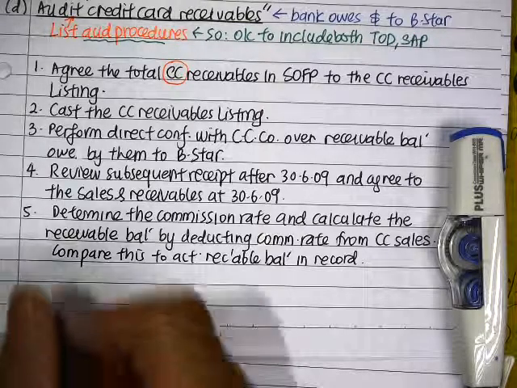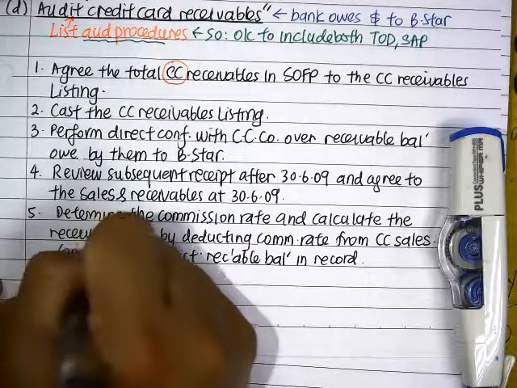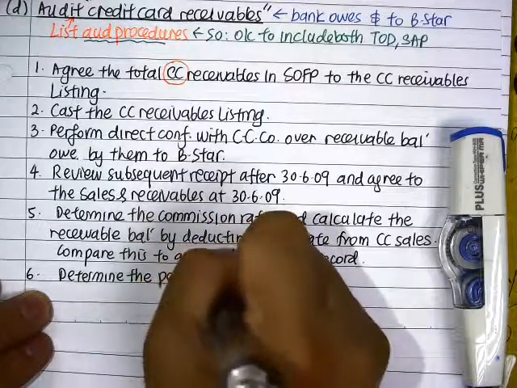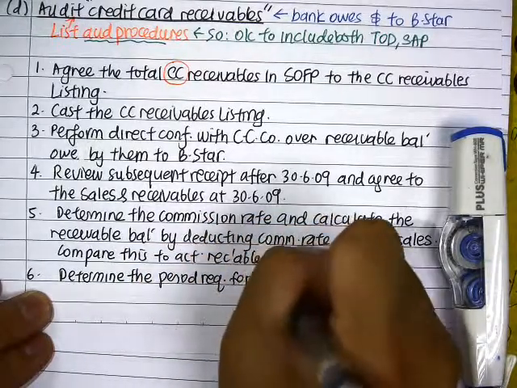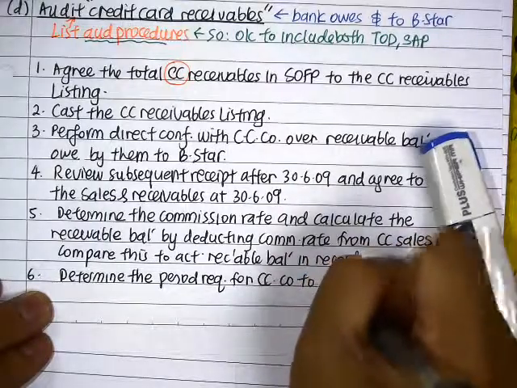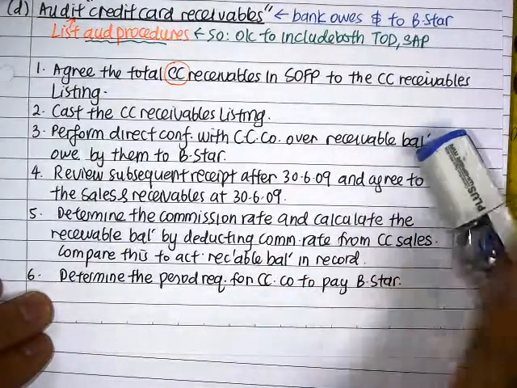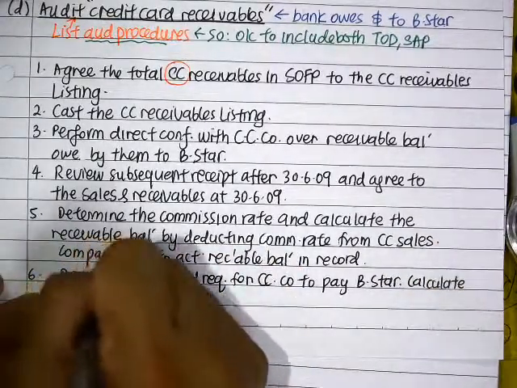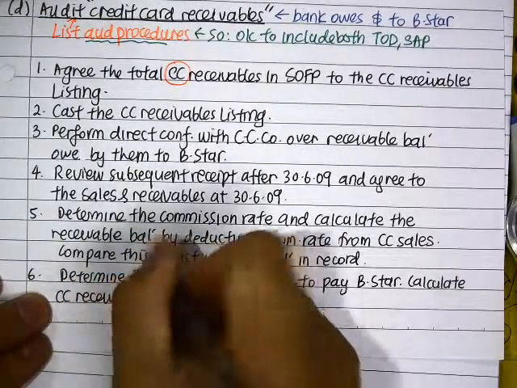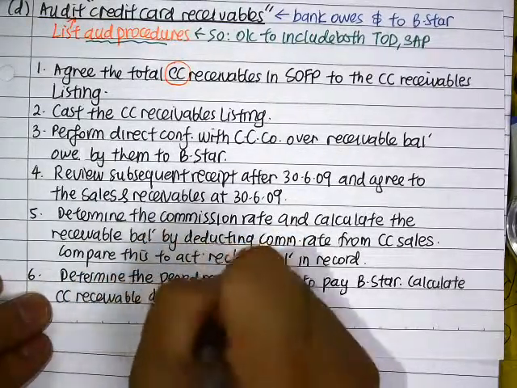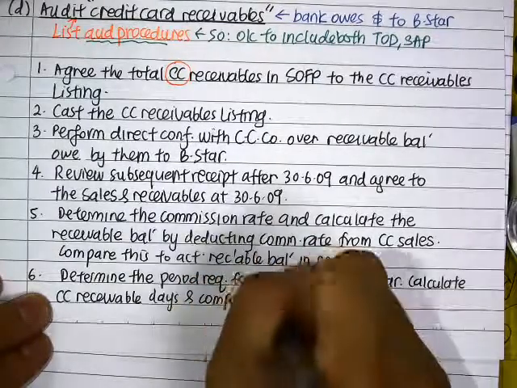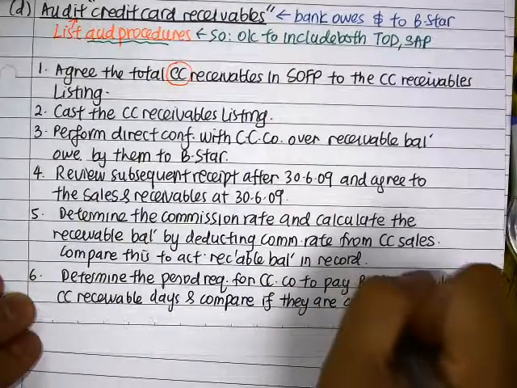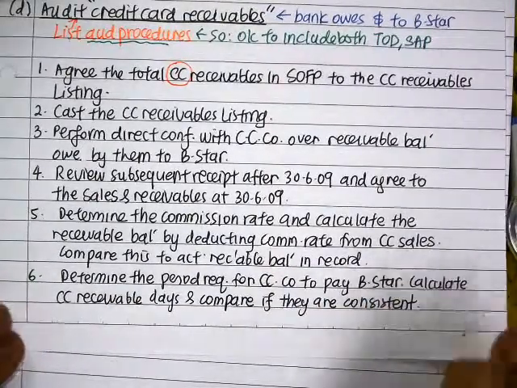So in that case what we do is determine the period required for the credit card company to pay B Star, and then calculate the credit card receivable days and compare if they are consistent.